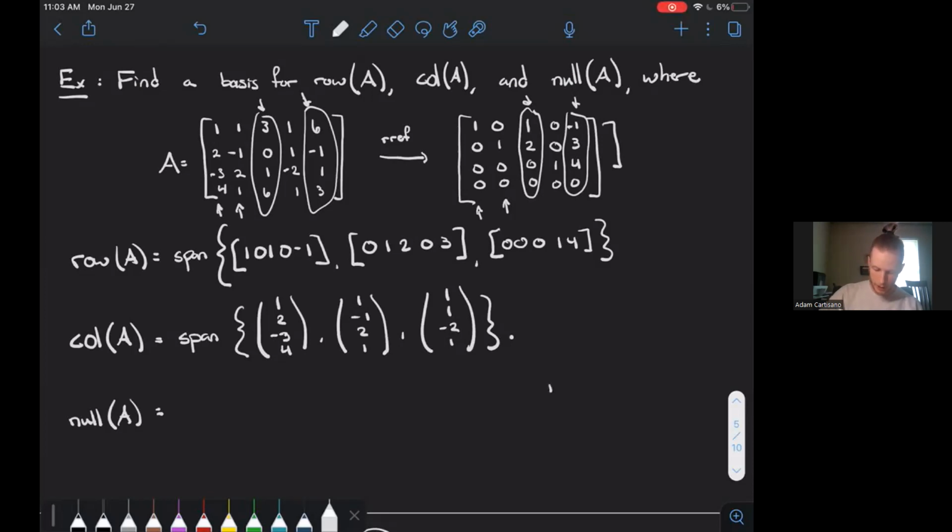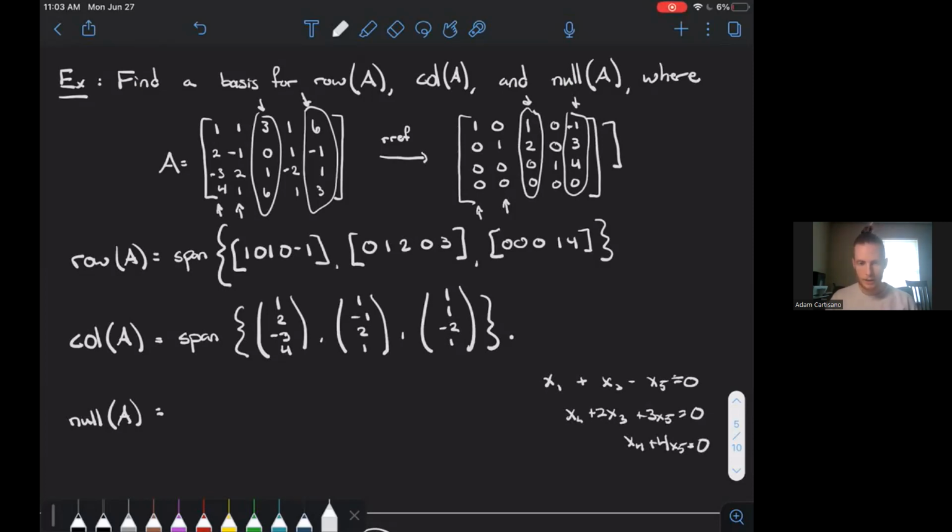So it'll be like x1 plus x3 minus x5 equals 0. x2 plus 2x3 plus 3x5 equals 0. And x4 plus 4x5 equals 0.